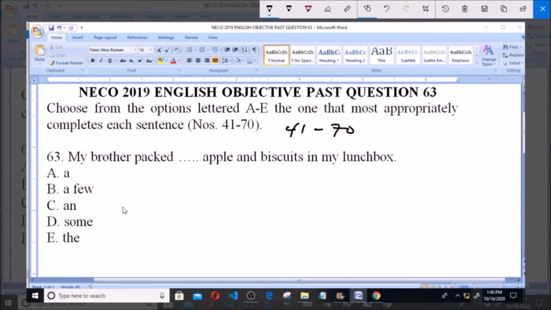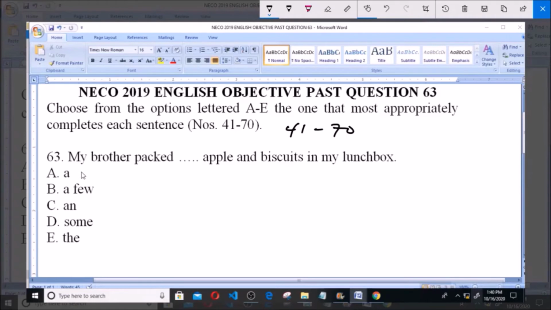And number 63 says: My brother packed dash apple and biscuits in my lunch box.